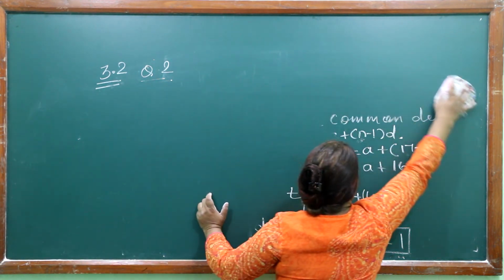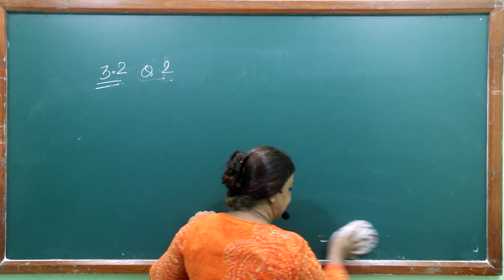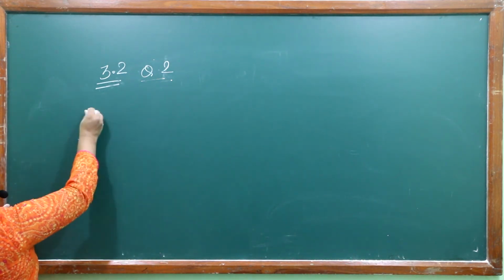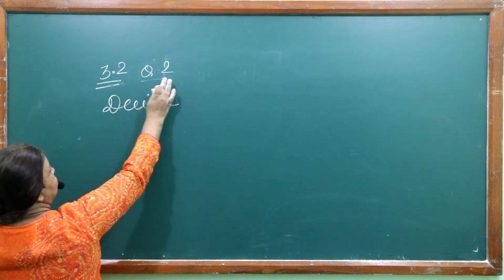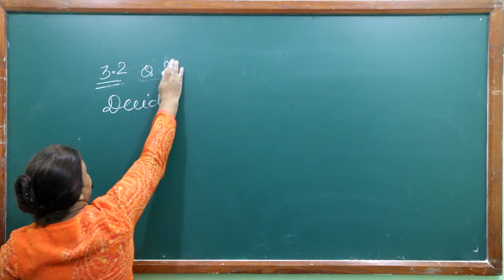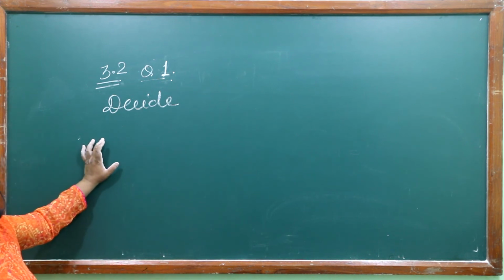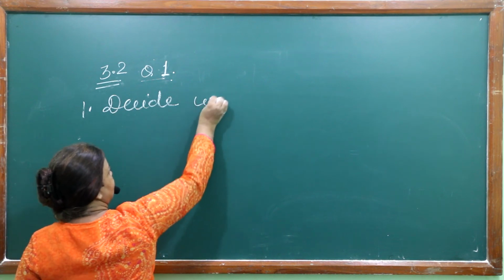There I made a mistake by writing minus where there was no minus. We have to decide, 3.2 question number 1, sorry, I think the first sum.